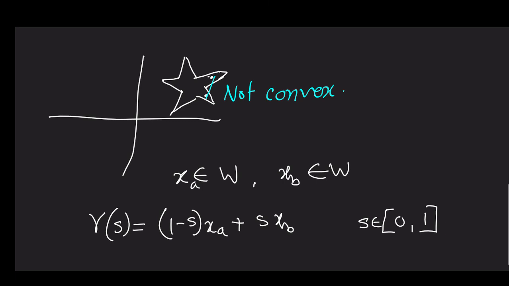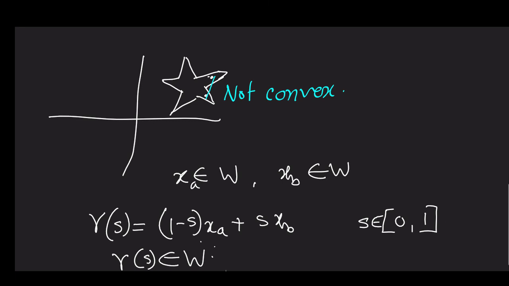This gamma of s will belong to W if xa and xb belong to W and W is a convex set. So s can take any value between 0 and 1, and this is the equation of the line that joins two n-dimensional points.